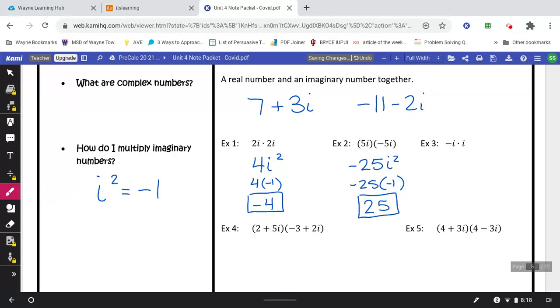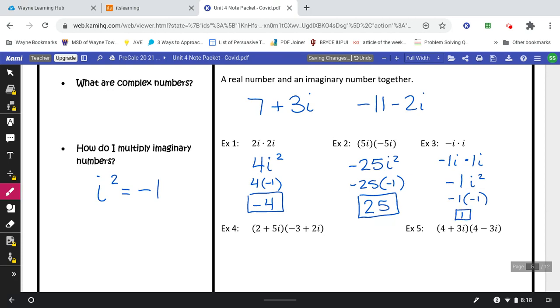Example 3, even if you don't have any real numbers there, you can count this as like a -1i and a positive 1i. So you could even rewrite it like this if you wanted to. Either way, that gets you -1i squared. i squared is -1. So now you have -1 times -1, which gets you positive 1.